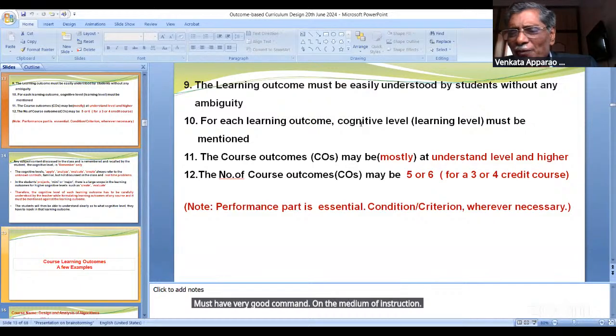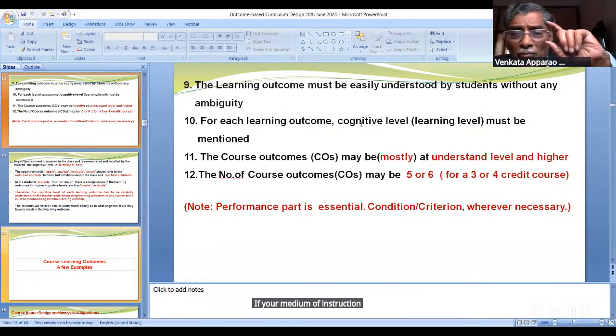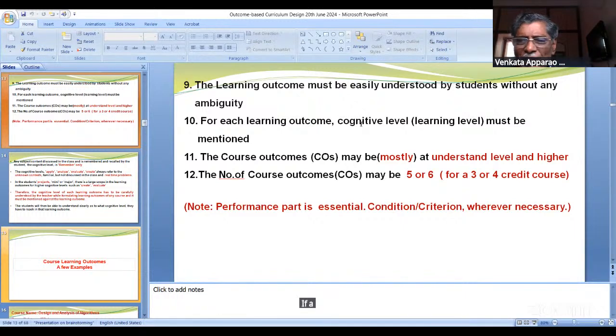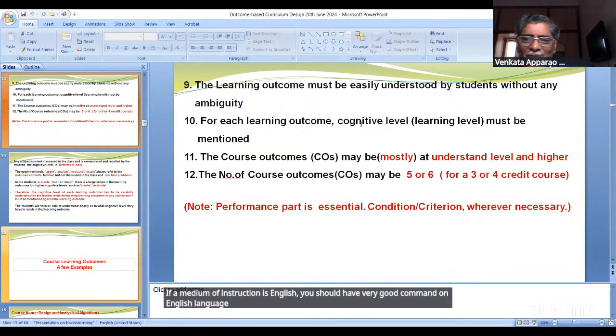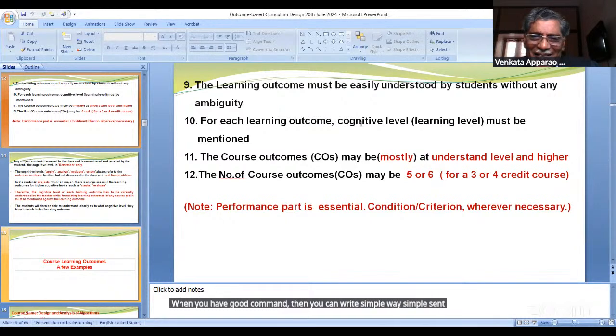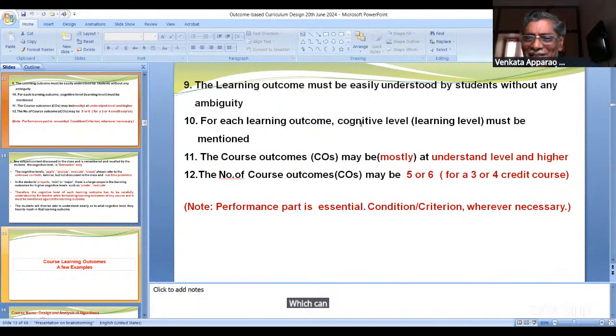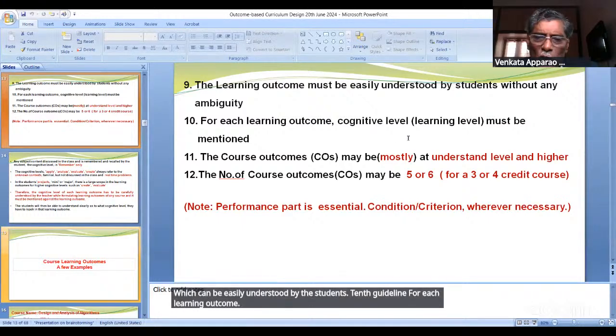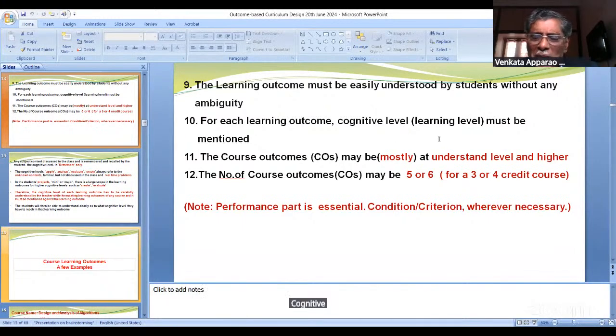If your medium of instruction is Hindi, you should have very good command on Hindi language. If your medium of instruction is English, you should have very good command on English language. Very important, sir. When you have good command, then you can write simple sentences, which can be easily understood by the students.